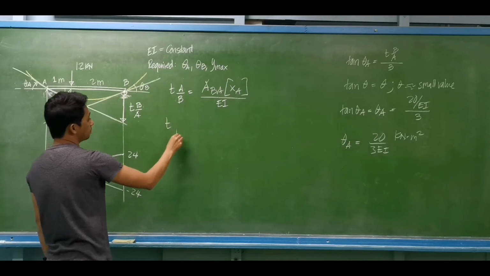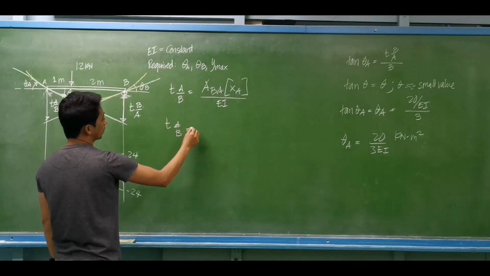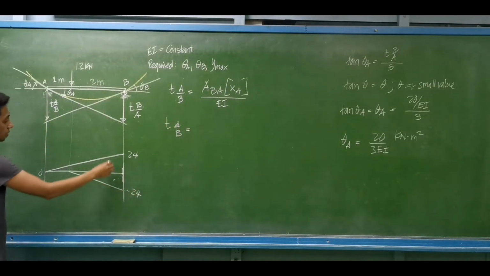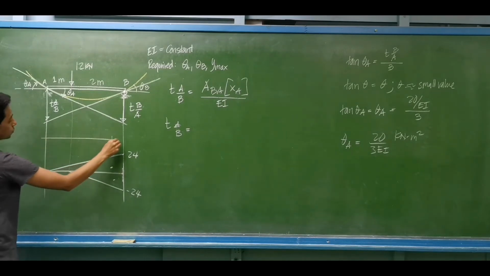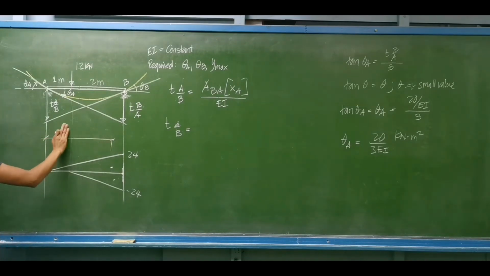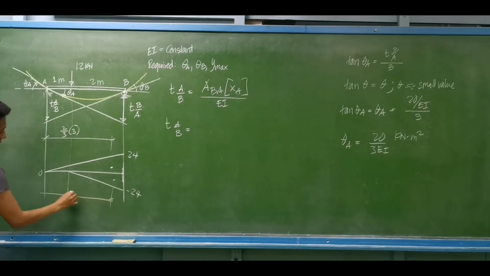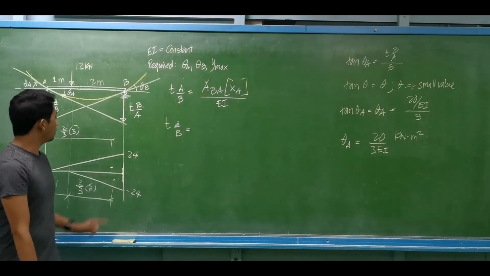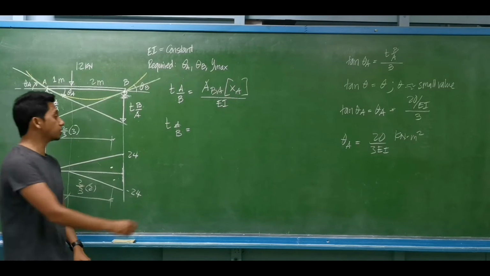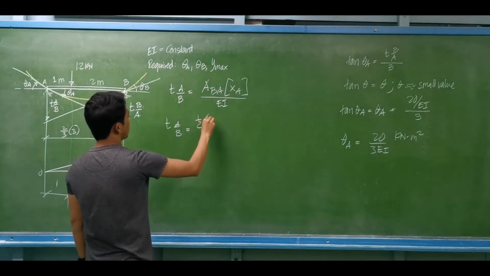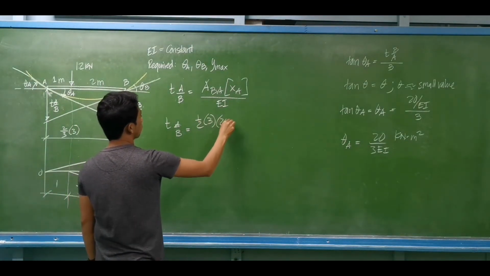Let us compute for that value. We have the deviation from B to A. Take note, the distance we consider this time is this one. This is 2 over 3 of 3 meters. For the negative area, this distance is the same as 2/3 of 2 meters plus 1 meter. So for the positive area, we have 1/2, the base is 3 meters, the height is 24.